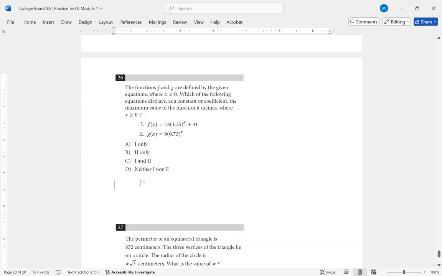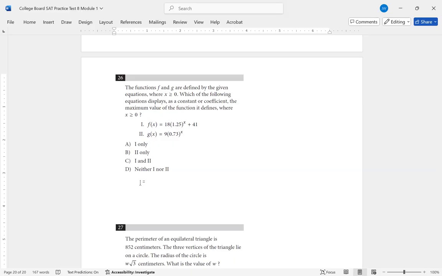Basically what this is saying is we want our coefficient or our constant to be the biggest value when x is 0, and as we increase x, we want the function to be smaller than that.